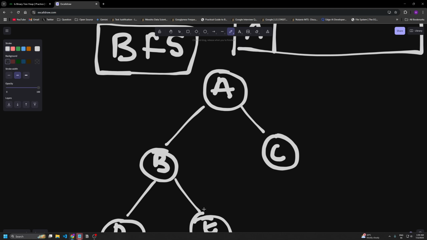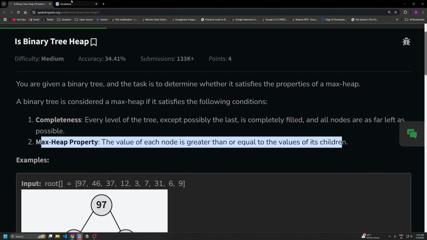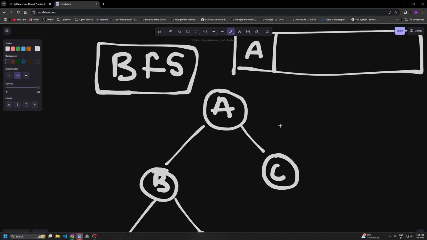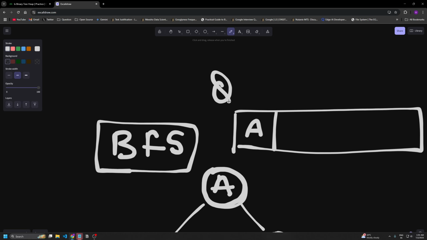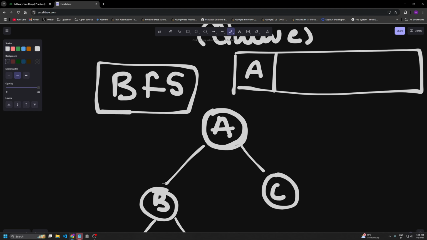So how do we ensure that this tree actually follows the property of a max heap? How does it satisfy the completeness and the max heap? So one thing over here is that we can quickly check. Whenever you're popping any element from the queue, you would be rest assured now that it would have a right value and a left value.